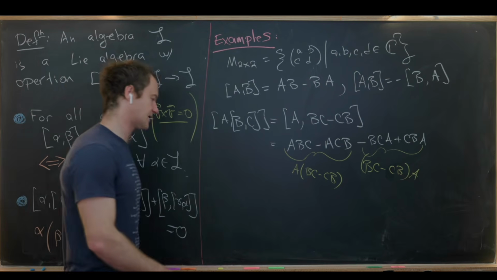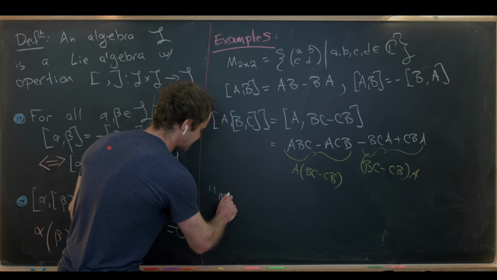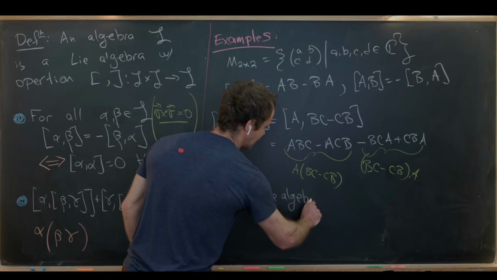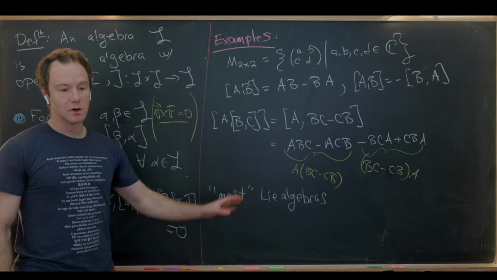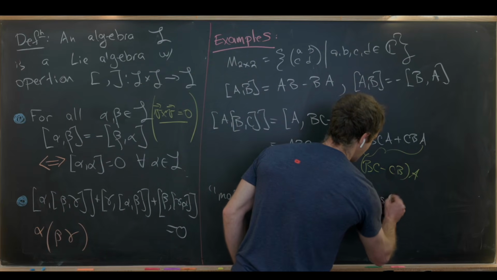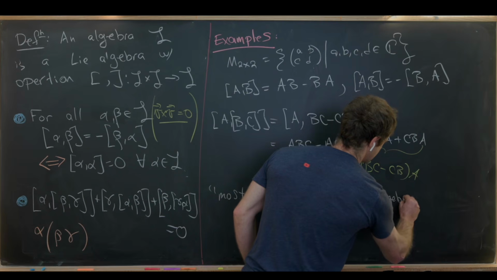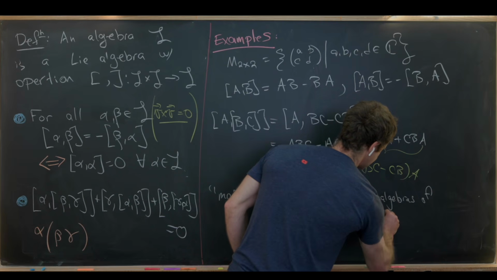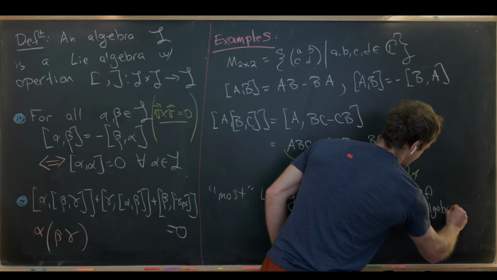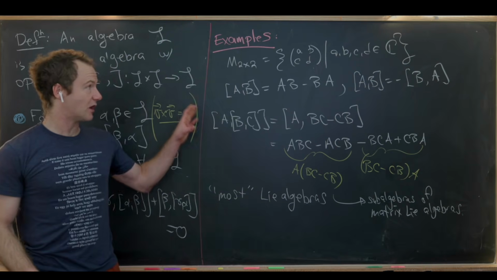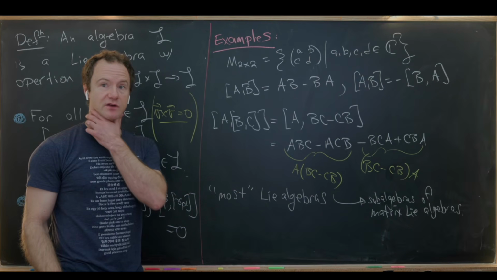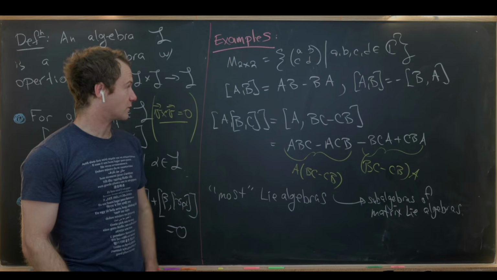But in fact, most Lie algebras, I would say all finite dimensional Lie algebras, can be written as subspaces or subalgebras of matrix Lie algebras. So if you understand what's going on with the matrix Lie algebra, it's good enough to understand what's going on with most important ones.